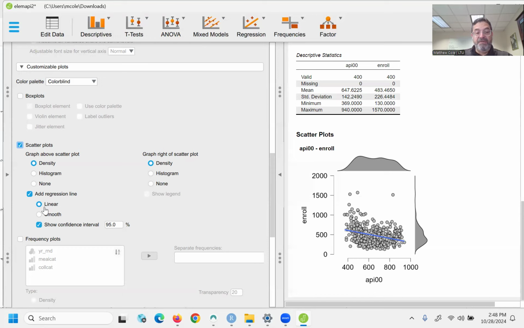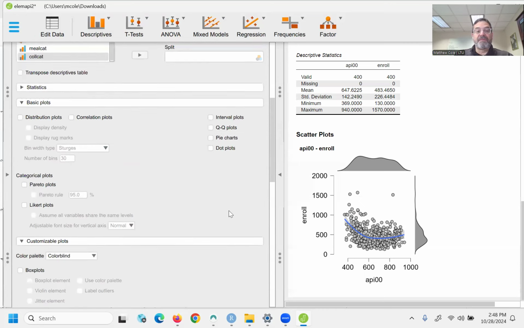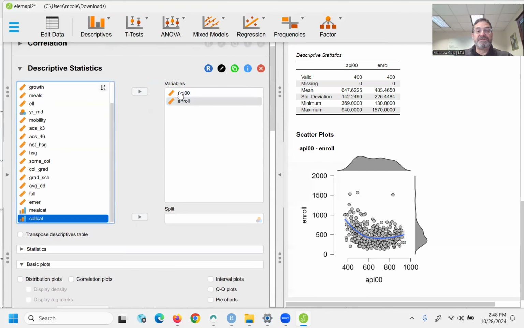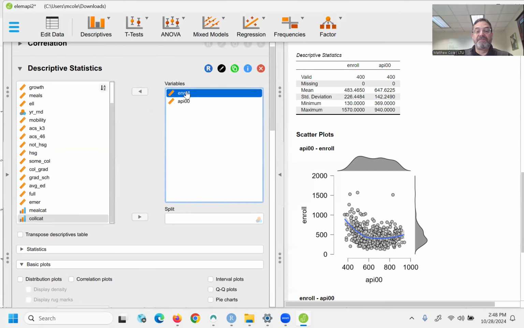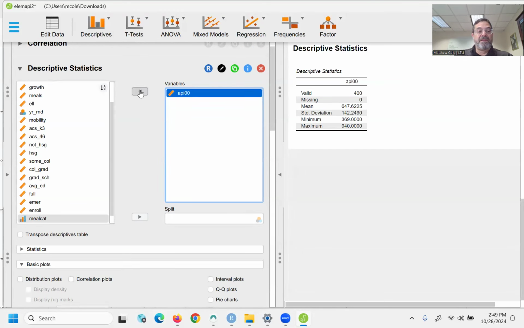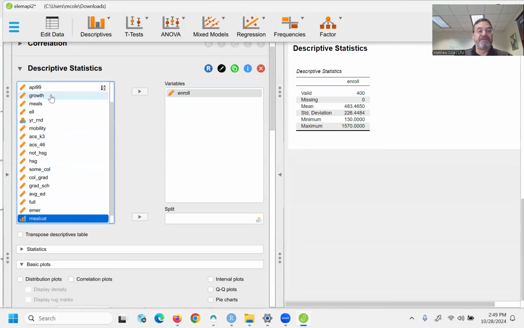Now, we don't have this phenomenon here, which is that the relationship is, let's see if we can switch these around. Does it change it? Let's put enroll first.